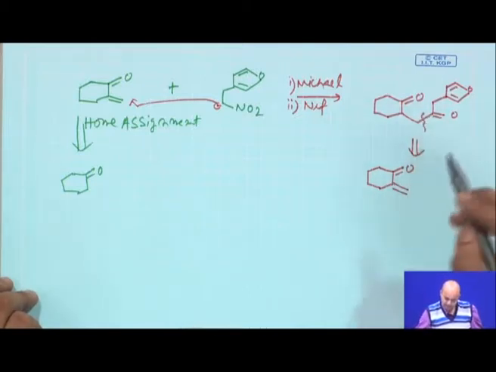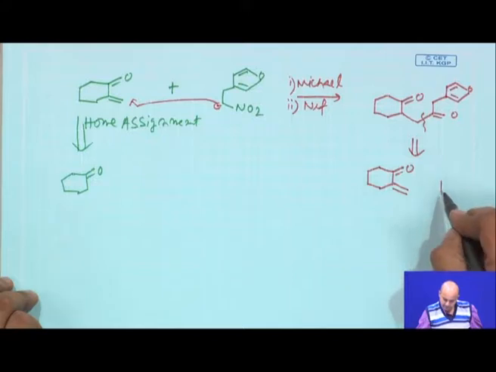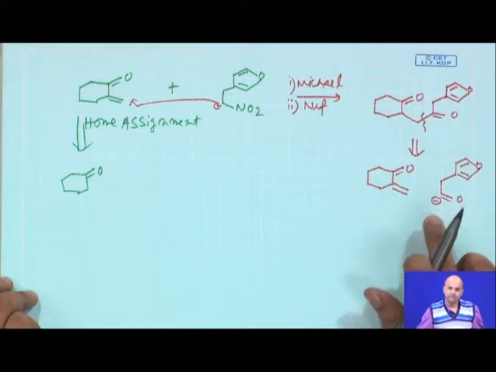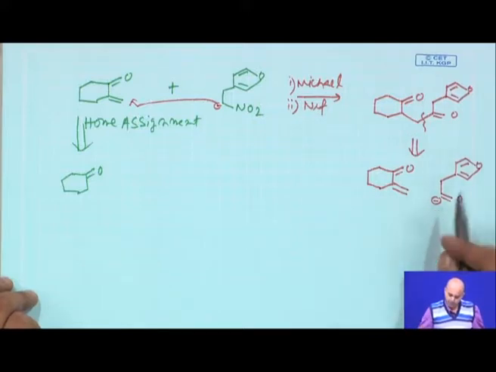Now, do a disconnection here. The synthetic equivalent that we have used here is basically a D1 species, the D1 species which we used here.